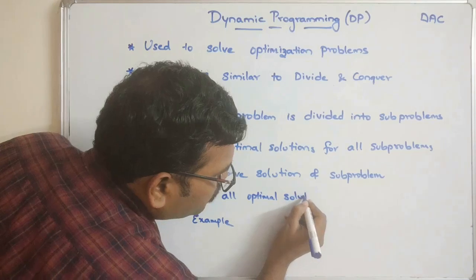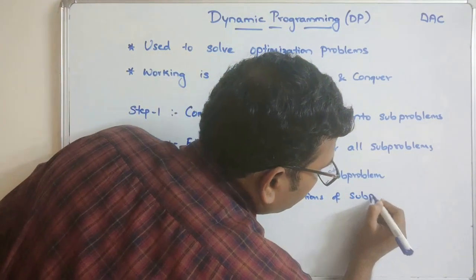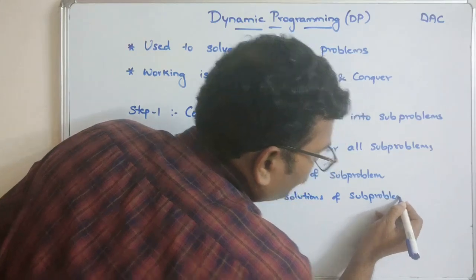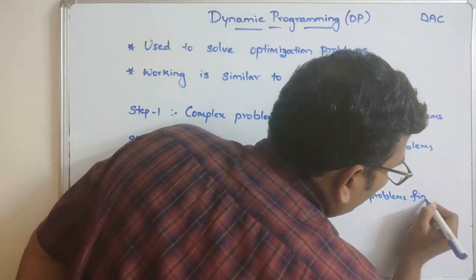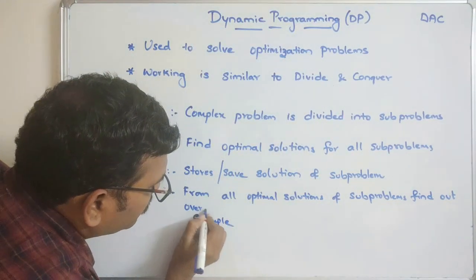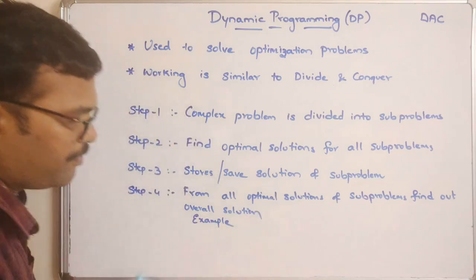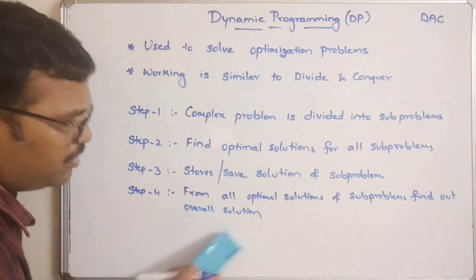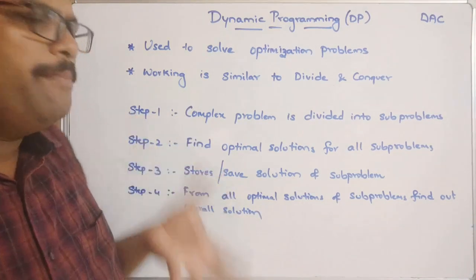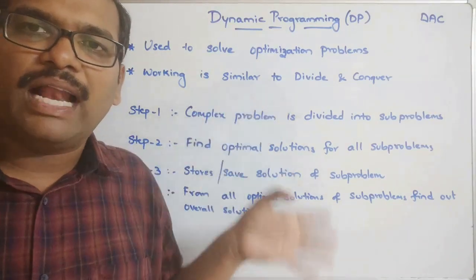From all optimal solutions of sub-problems, find out the overall solution. So these are the main steps followed in this algorithmic approach.